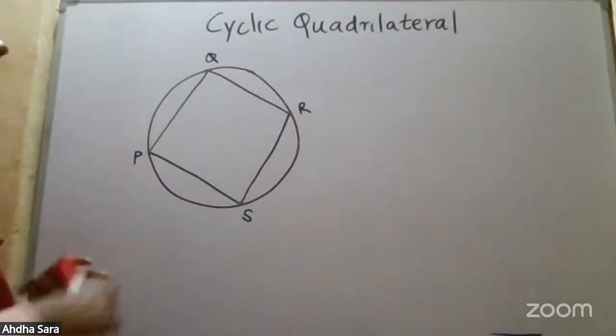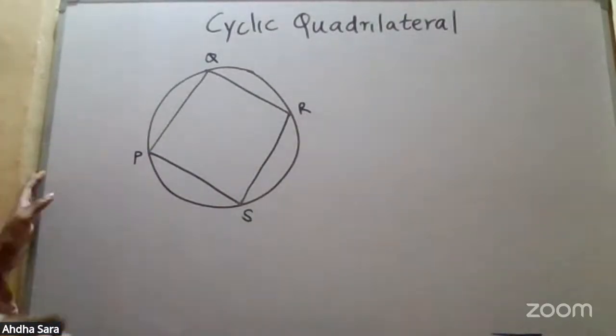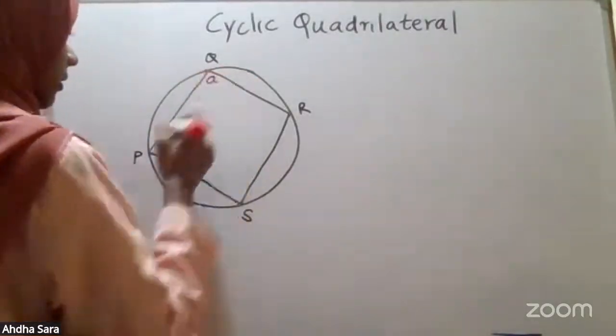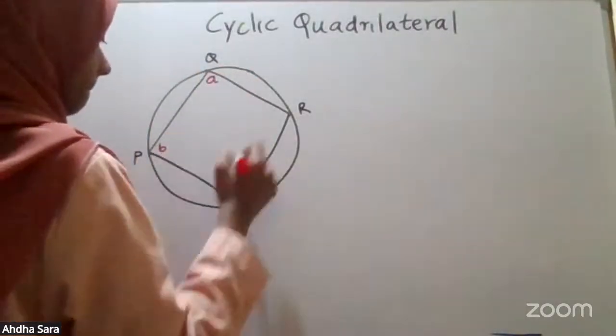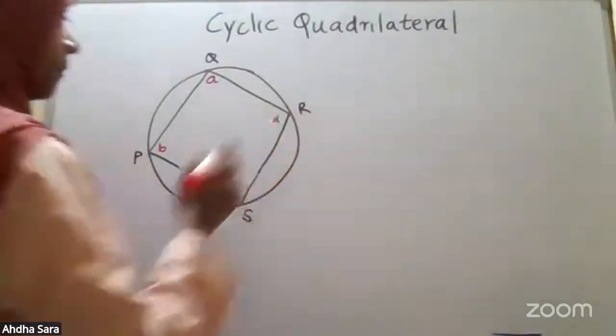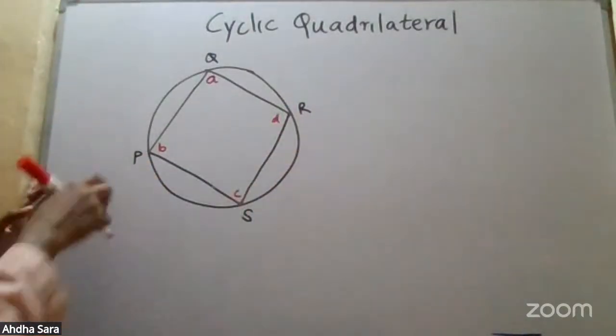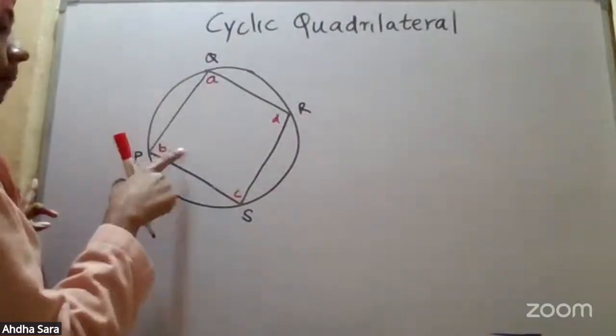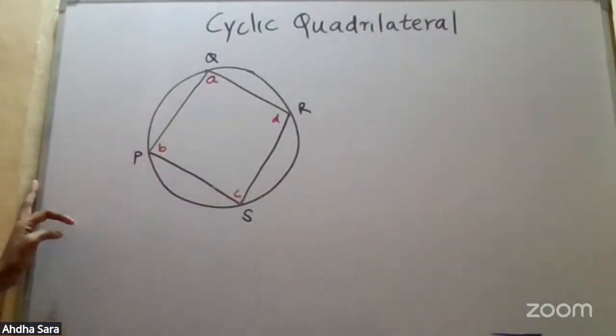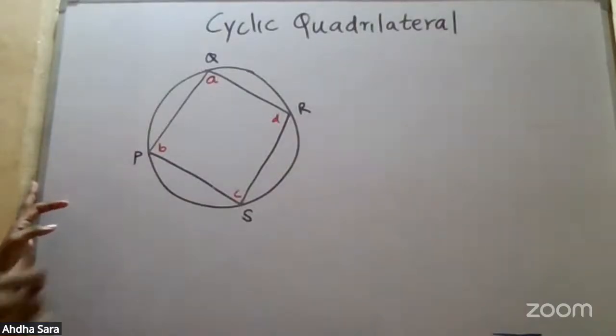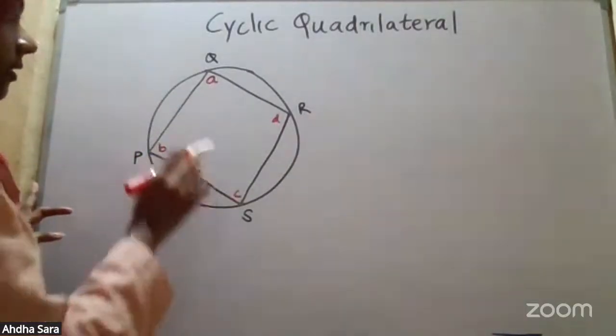So theorem one: you have the angles A, B, C, and D. The theorem is about the opposite angles.